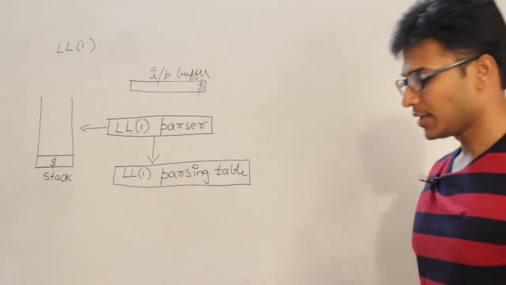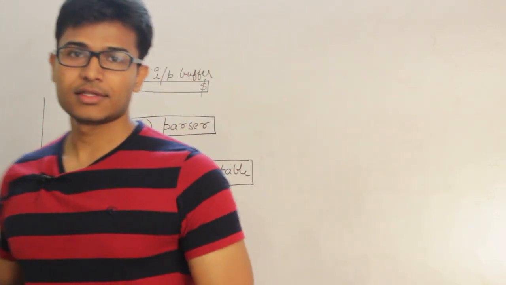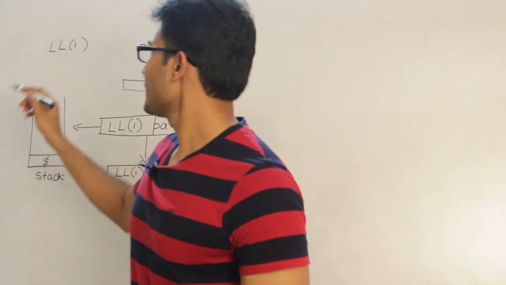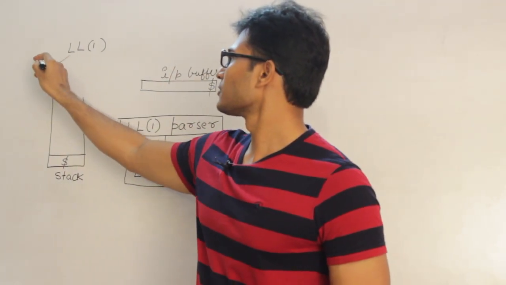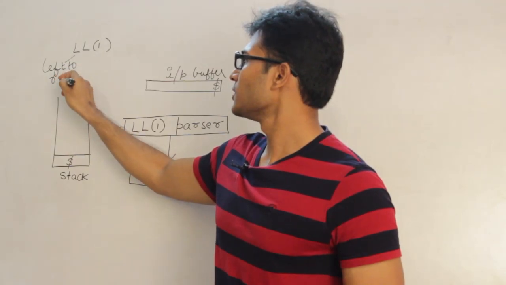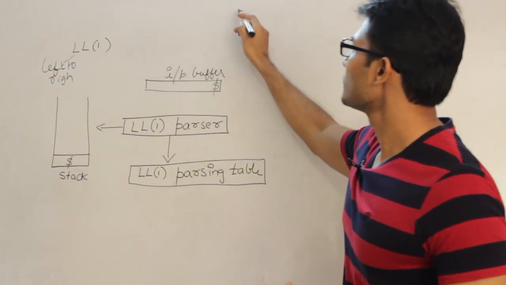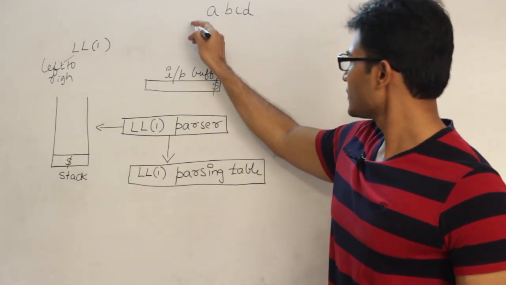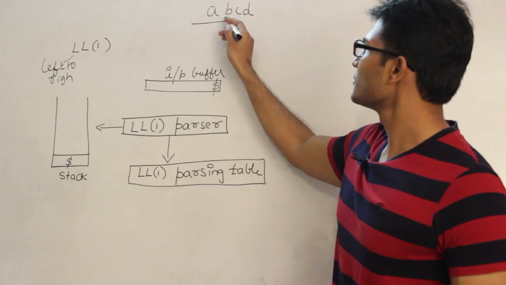Let's talk about the LL1 parser first. The name LL1 is given because the first L means we are scanning the input from left to right. That is the meaning of the first L, which means if I have input A, B, C, D, I'll scan it from the leftmost symbol to the rightmost symbol.